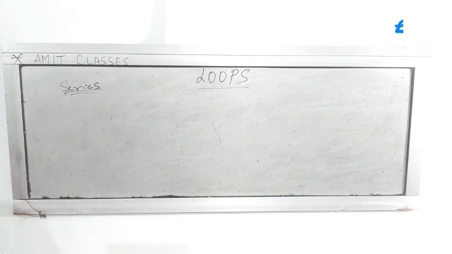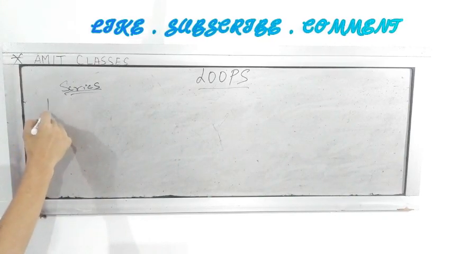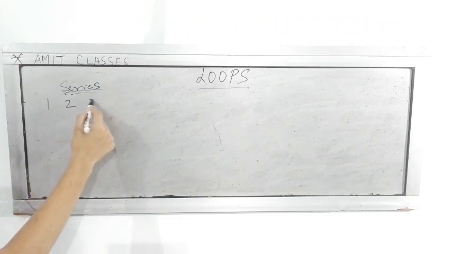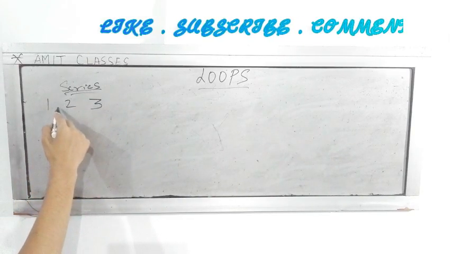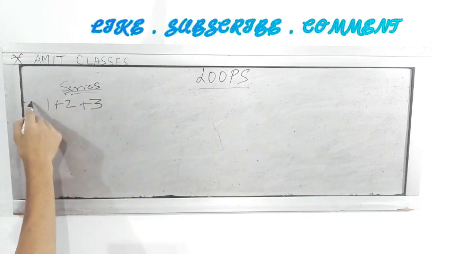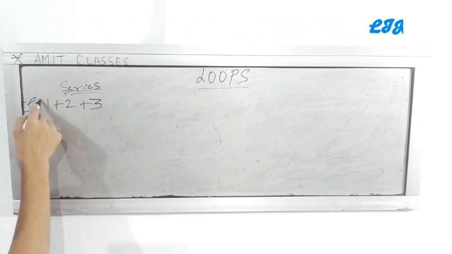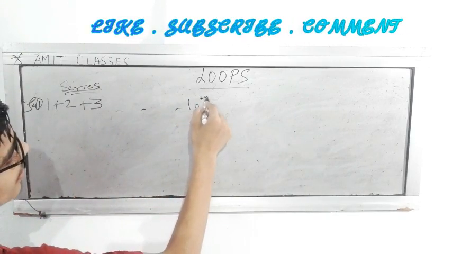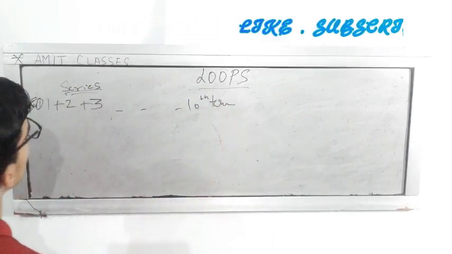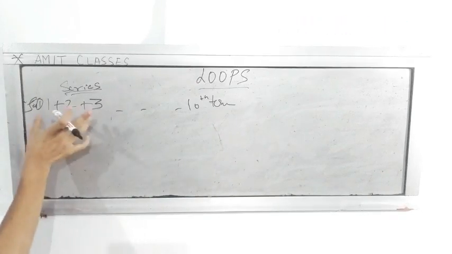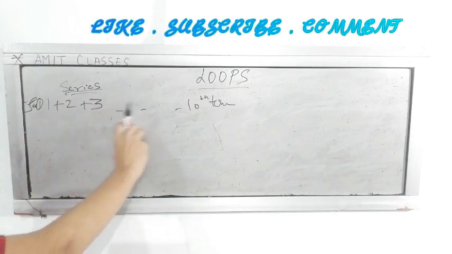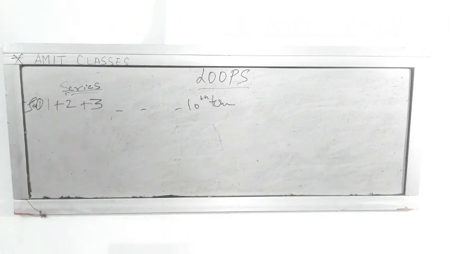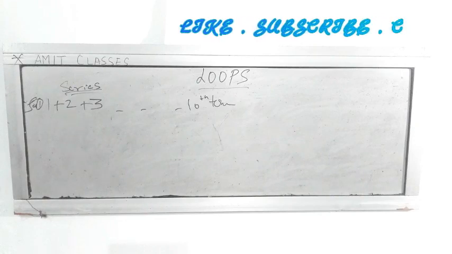Now if we write 1 plus 2 plus 3, series 1, 2, 3 till its 10th term, then we have to print the sum of the series. So for this we have to use a loop.